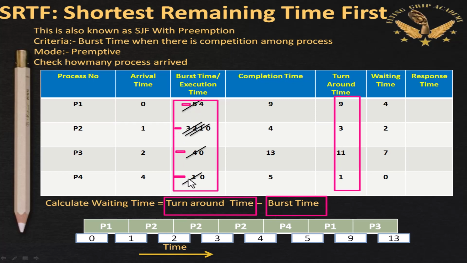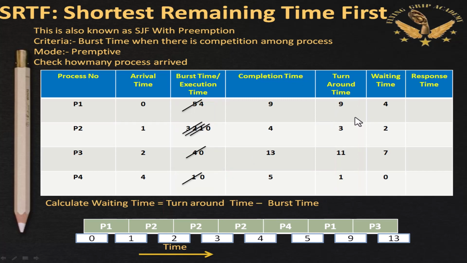So 9 minus 5 which is 4. Next 3 minus 3 which is 0. Next 11 minus 4 which is 7, and 1 minus 1 which is 0. So we have calculated the waiting time.